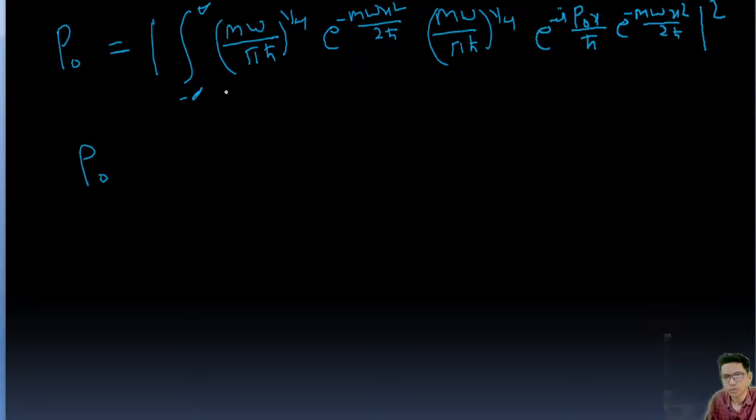Now we'll solve it. This is going to be the mod of the P naught values, so this will come outside.